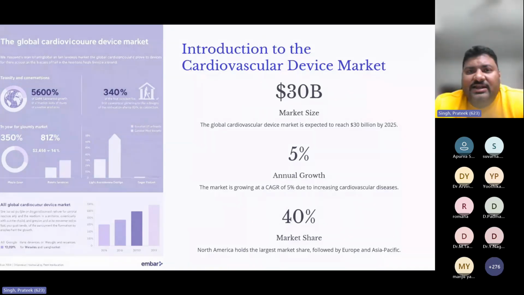Nowadays you can see there are multiple wearable devices coming. But to give you some insight, those devices are not FDA approved. If you look at Apple devices or Fitbit and all those devices that we wear nowadays, they are not for medical tests.